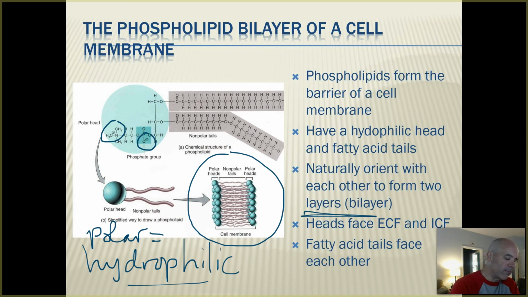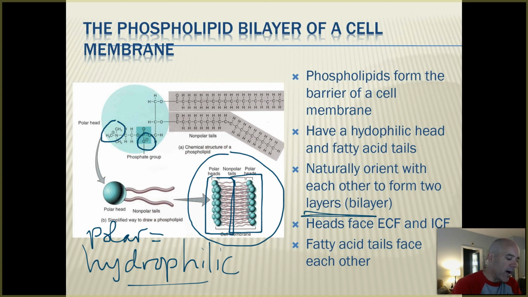And so if you notice, you got one sheet over here, you got one sheet over here, and all of those hydrophilic heads, they like each other. Just like hydrophobic molecules like other hydrophobic molecules, hydrophilic molecules like each other, and they also like water.